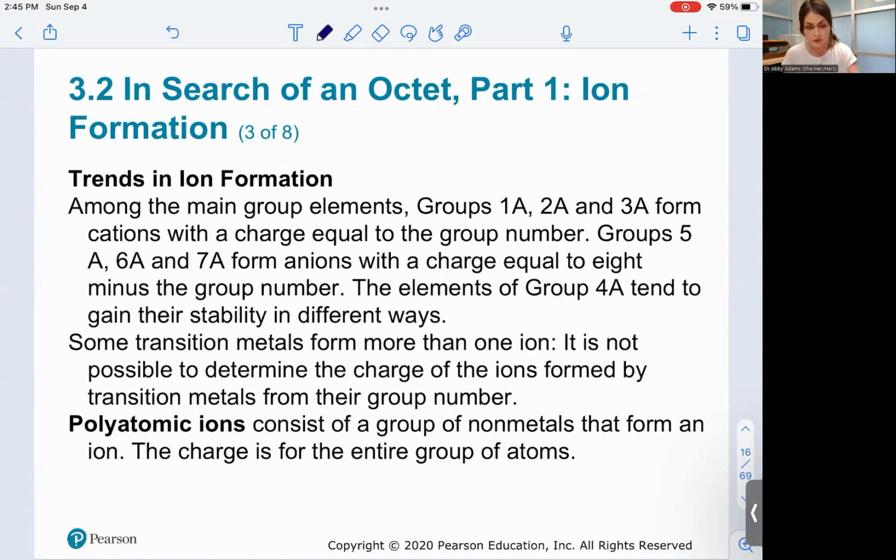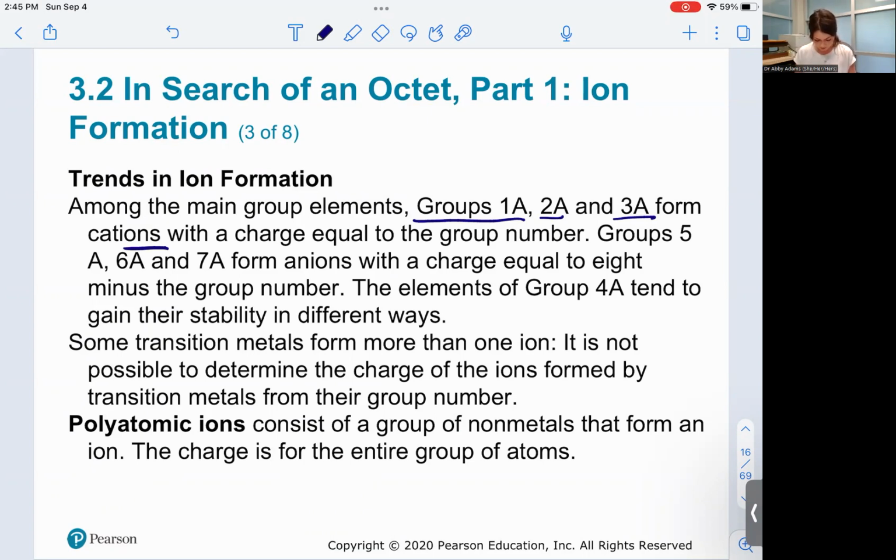And so these are things that you'll notice about the periodic table, all right? What the groups are going to tell you, whether it's 1A, 2A, or 3A. So groups that are in those main element groups on the table are going to form cations, right? With a charge equal to the group number.